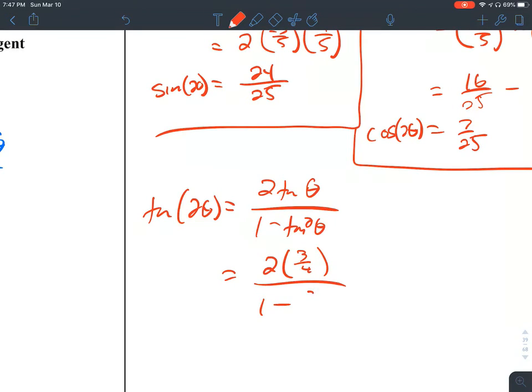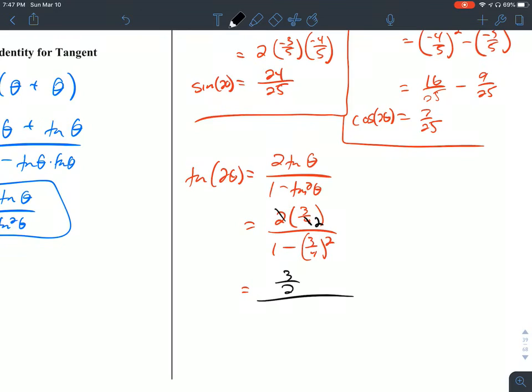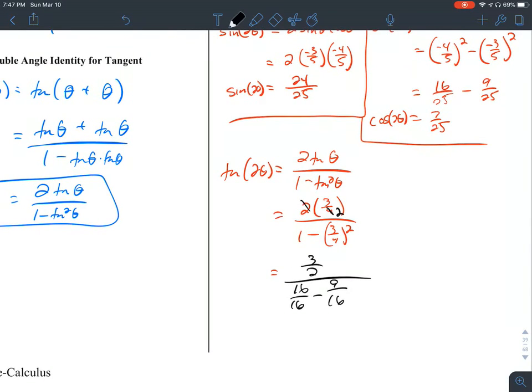On the bottom, we have 1 minus 3/4 squared. 2 times 3/4, you can do some cross canceling, and we get 3/2. Our denominator, 3/4 squared, is going to be 9/16. I'm going to change the 1 to 16/16 so I can subtract those. Run out of space quickly.